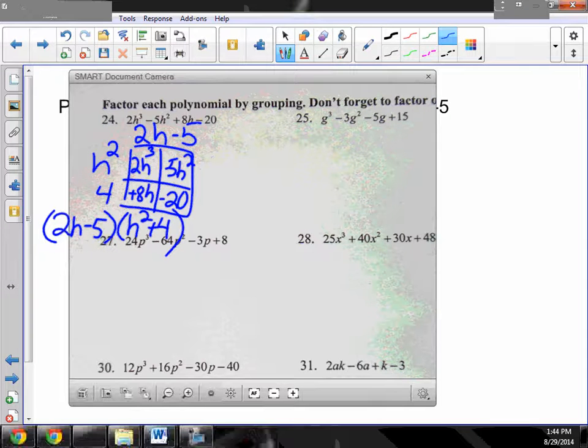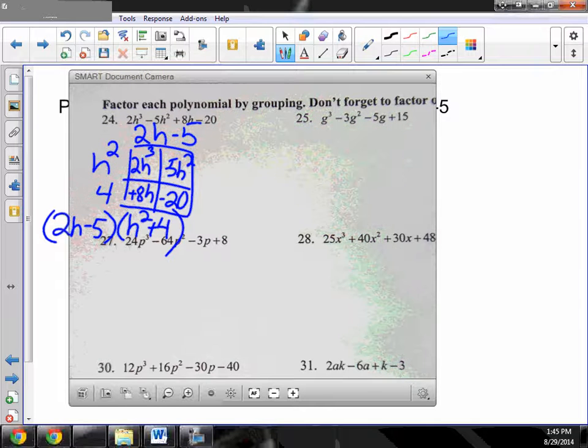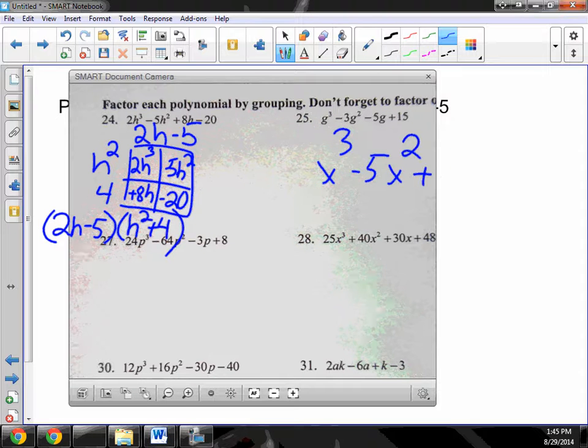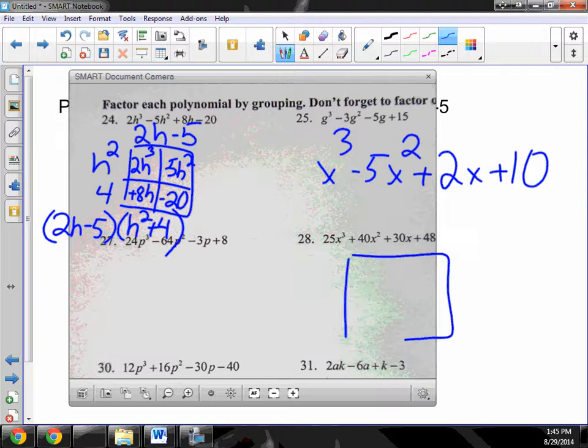So this one worked. And in fact, every one on this worksheet is going to work. But if you were to do a random x to the third, it wouldn't work. So if I just did x^3 minus 5x^2 plus 2x plus 10, if I just make that up, chances are it's not going to work.